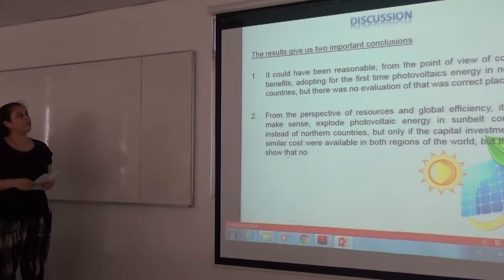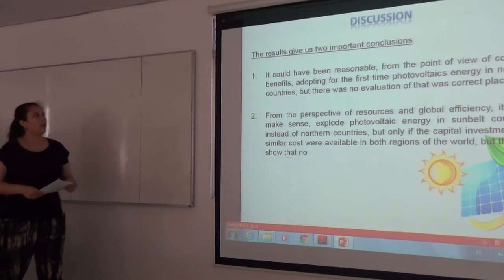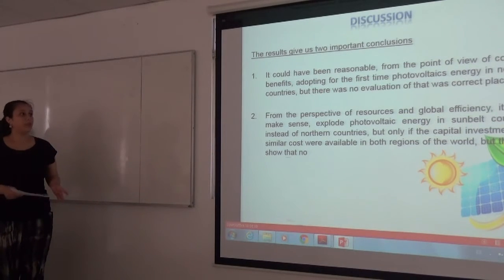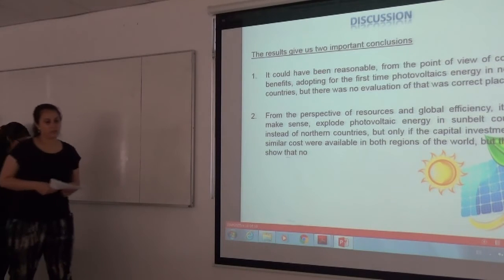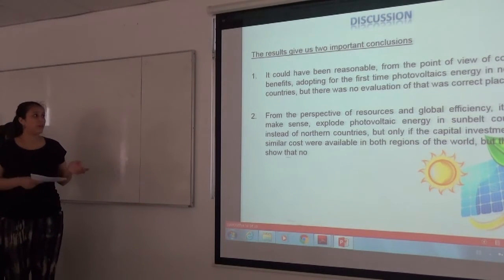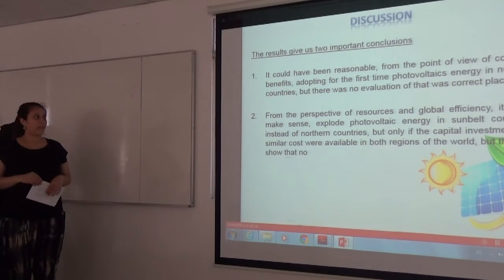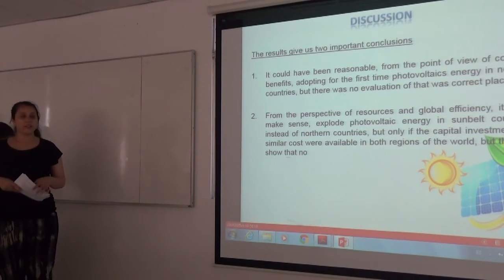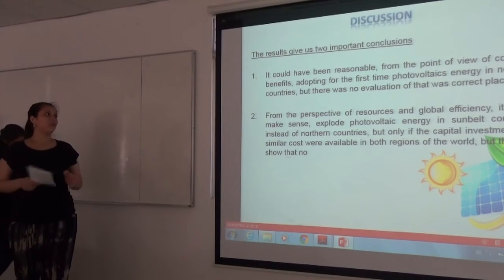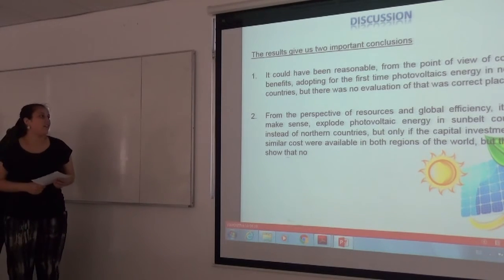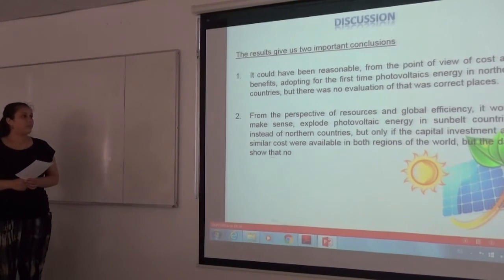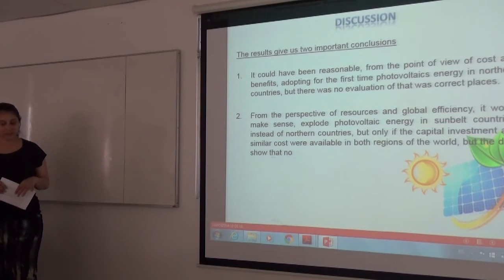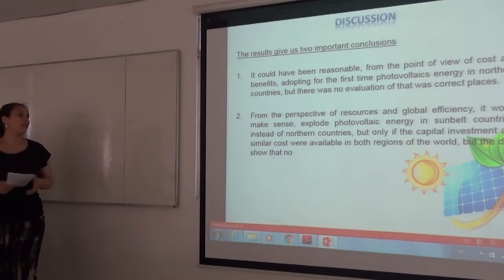The results give us two important conclusions. Each goal has been reasoned from the point of view of cost and benefits, adopting for the first time photovoltaic energy in a northern country, and from the perspective of resource and global efficiency.